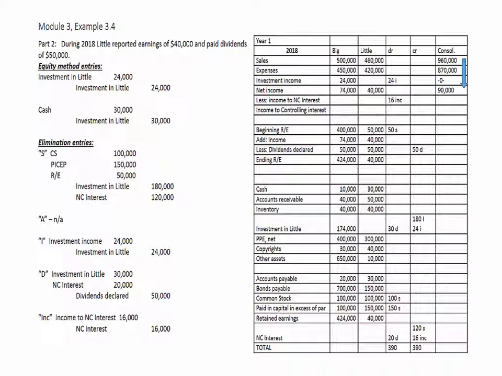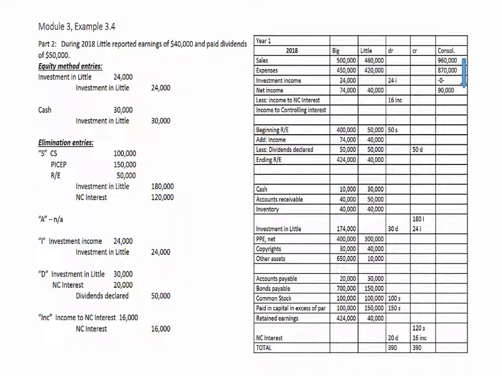Now, of that $90,000, we, the parent, don't own all of that. We own, obviously, all of our own income, and we own a proportion of the subsidiaries' earnings. There are these other people out there, the non-controlling shareholders, who own a small slice, or perhaps a significant slice, of these subsidiaries' earnings.